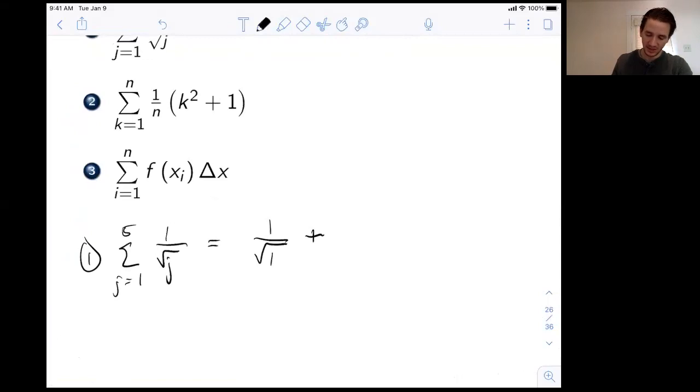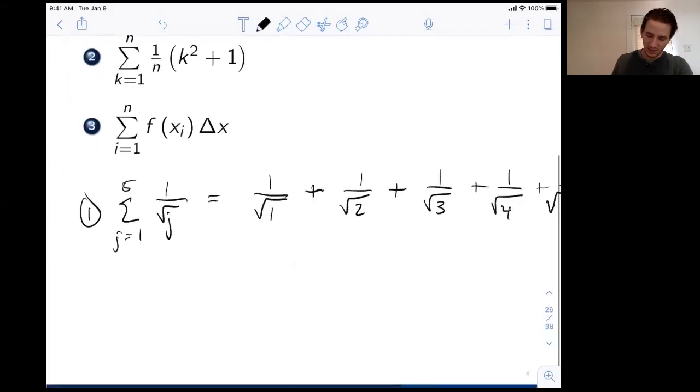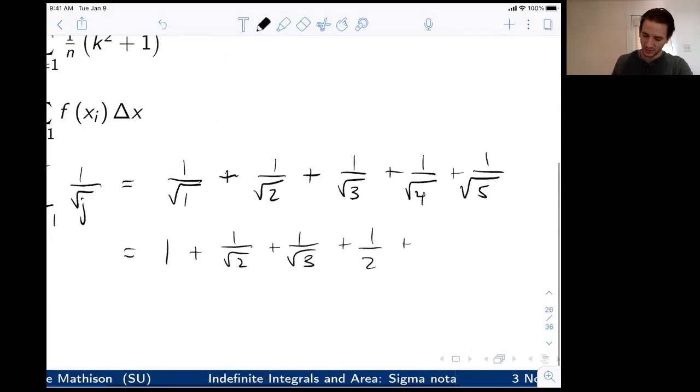And then the inside of the sum is 1 over the square root of 2. Then I write plus. Then j is 3, plus. Then j is 4, plus. Then j ends at 5. So this is equal to 1 plus 1 over the square root of 2 plus 1 over the square root of 3 plus 1/2 plus 1 over the square root of 5. And that's how I'm going to leave it.